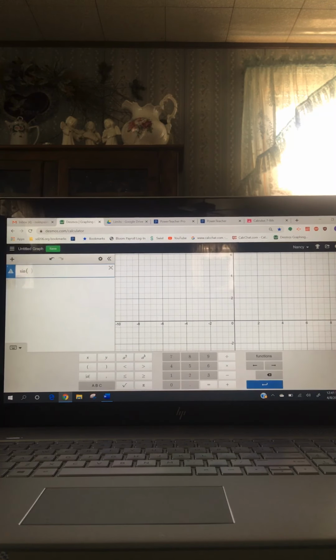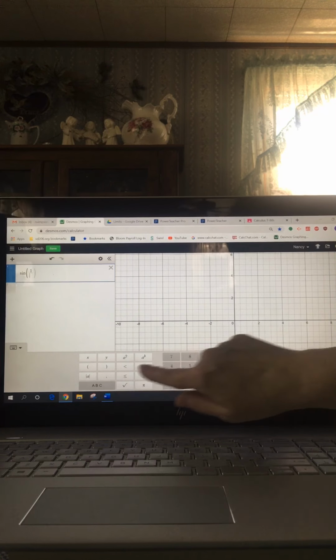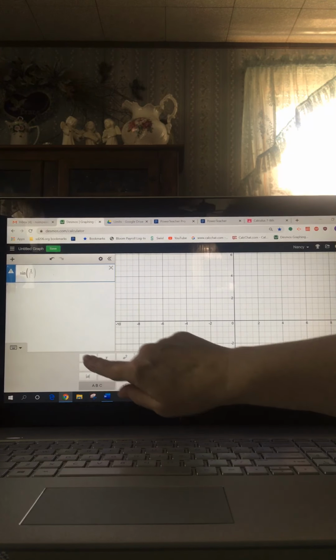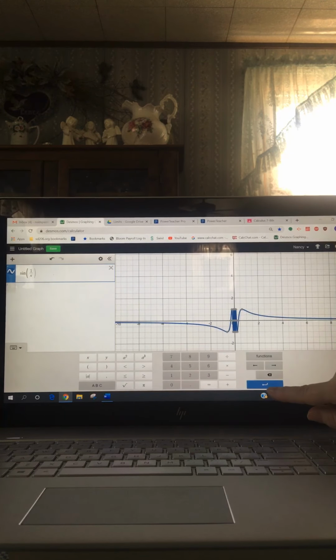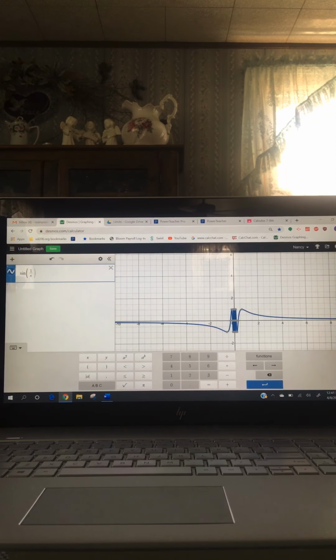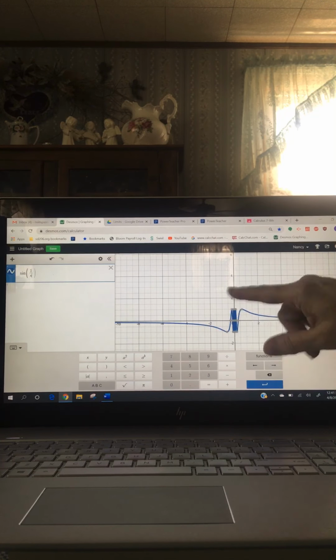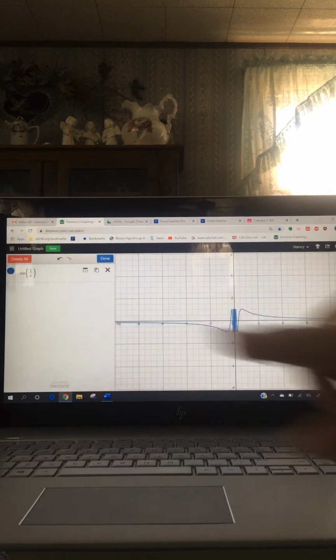So now I'm just going to do sine of 1 divided by x. Okay, and now look at this. See how it's all mushed up there? They've even got points on there based on the table that's going to appear in a minute. I just want you to see that this is all mushed up. You can't tell anything. So let's get a table.